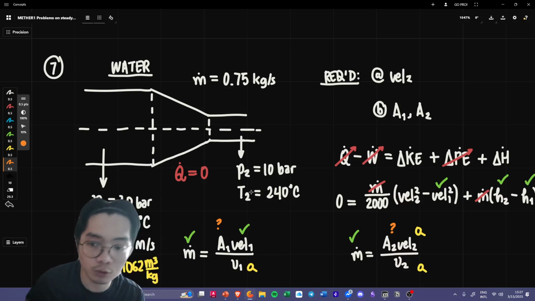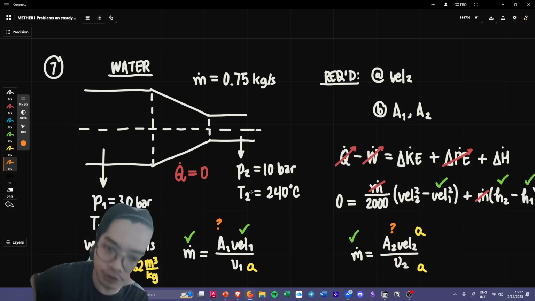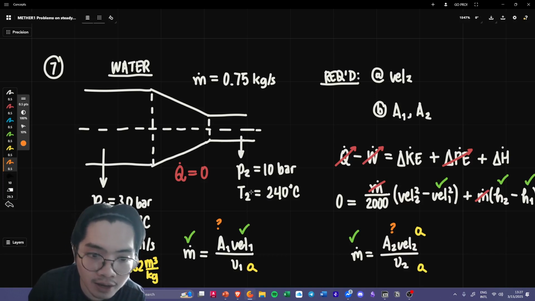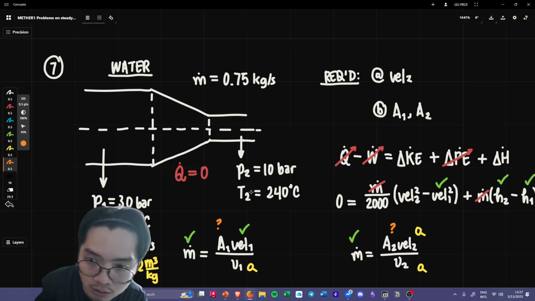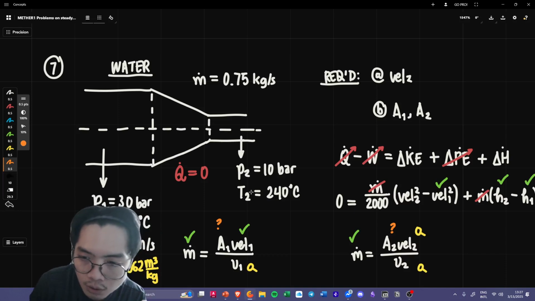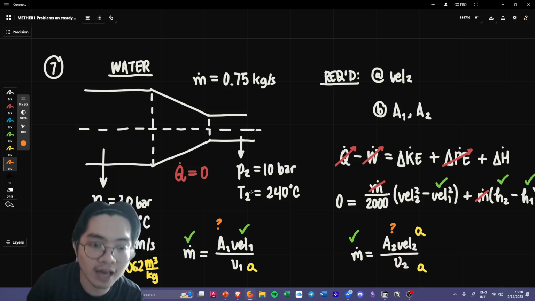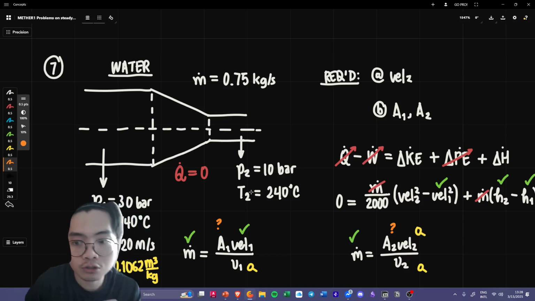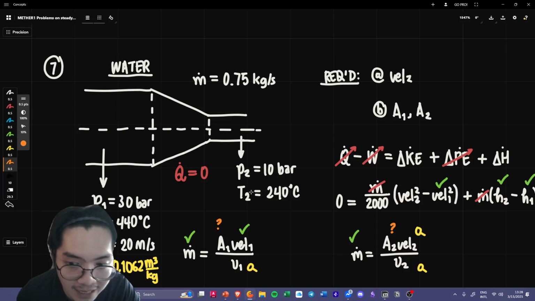It's not supposed to jump really high. There's no heat transfer into or out of this system. And it's not supposed to generate or receive any energy via work. So what else could it have been? That means only kinetic energy is available to change. That's why you lose some energy via enthalpy so you can gain some energy as kinetic energy.